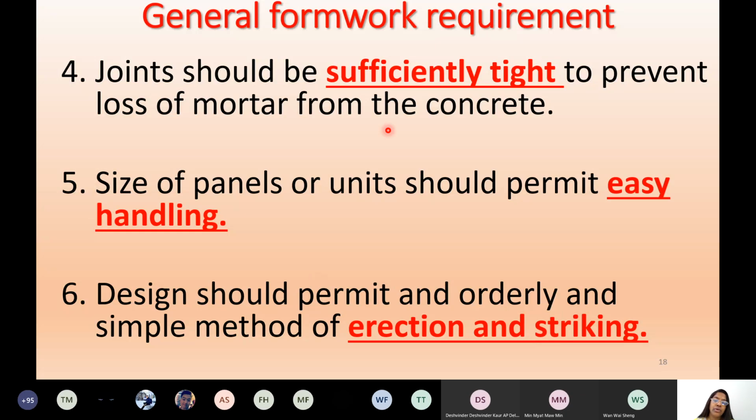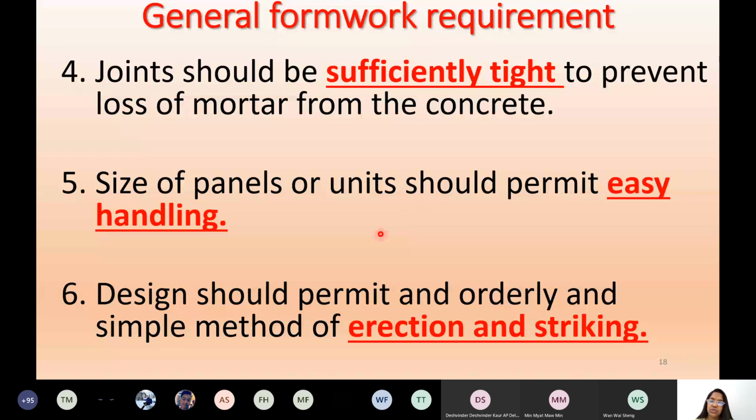So overall the weight and the quality of the material should be chosen in such a way that it can avoid leaks, the panels can be tightly put together, and it can be easily handled.